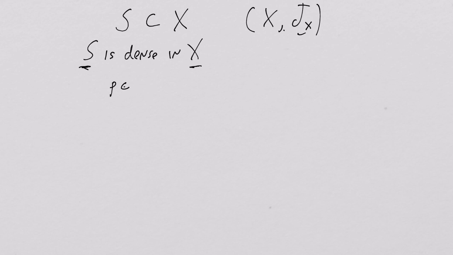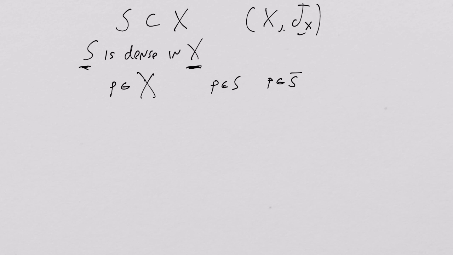S is dense in X if every point in, I should put it this way, not every point in S, every point in X, is either an element of S itself or is a limit point of S. So P is an element of the closure.